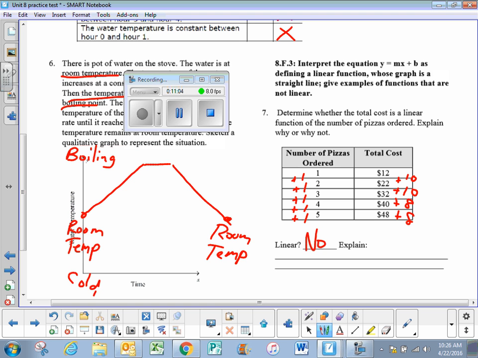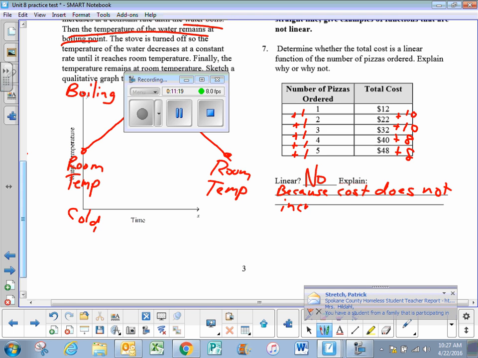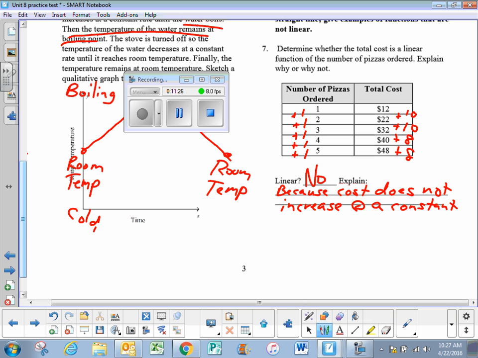Therefore, the slope is not 10, it's not 8, okay? It's not linear. So you could just say because cost does not increase at a constant rate. That would be a really good answer. Okay? Because we know it has to.